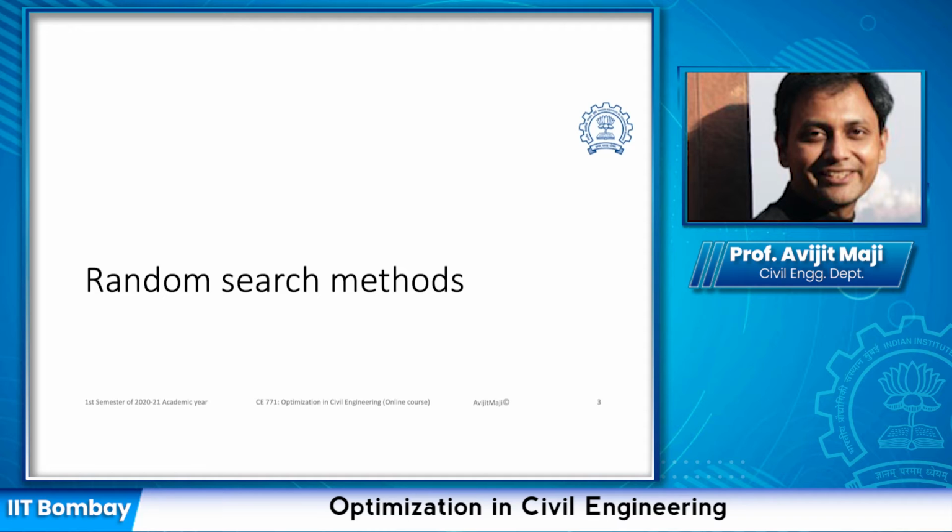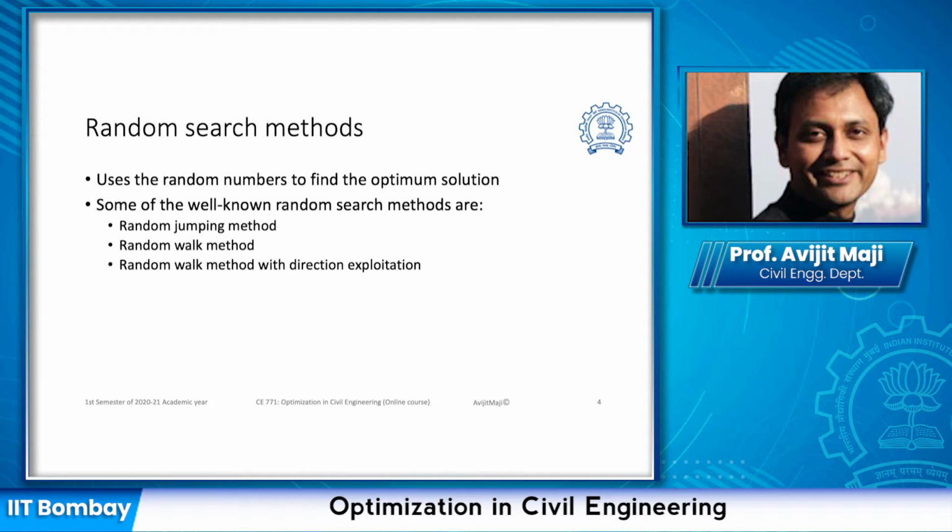The random search method is a variation of the algorithm where we actually use random numbers to find an optimum solution for a given multivariable objective function. In this case, we particularly use the random numbers to find the optimum solution. Some of the well-known random search methods are the random jumping method and the random walk method with direction exploitation.